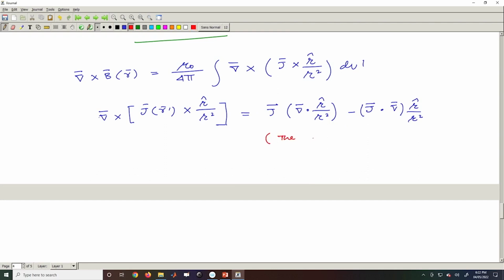The derivative of J terms, all the J terms are dropped, as J is a function of prime coordinate.